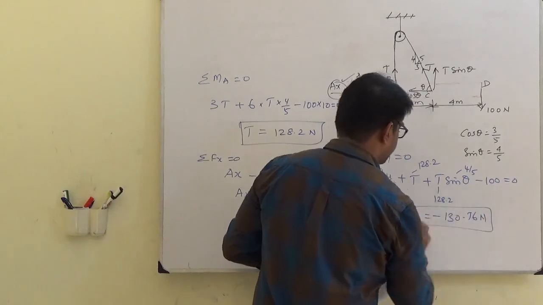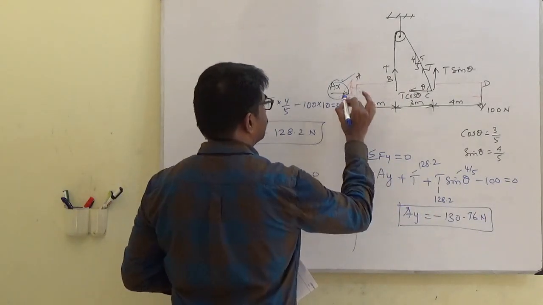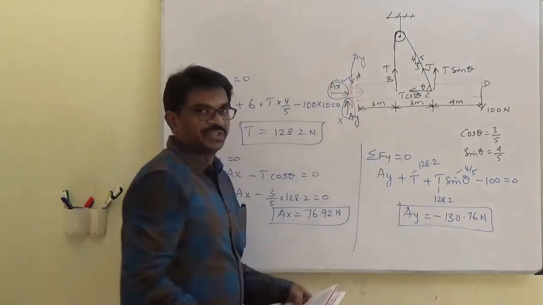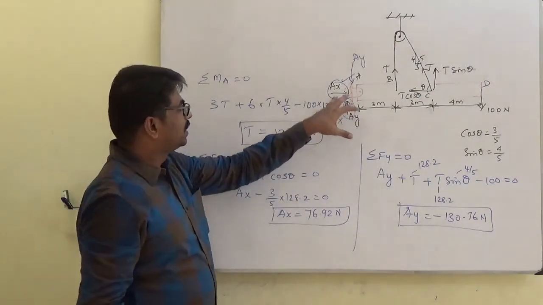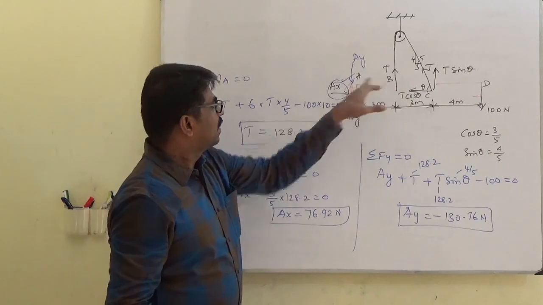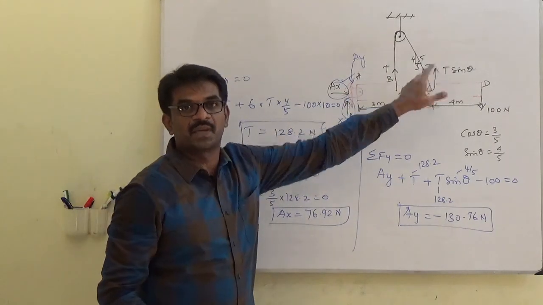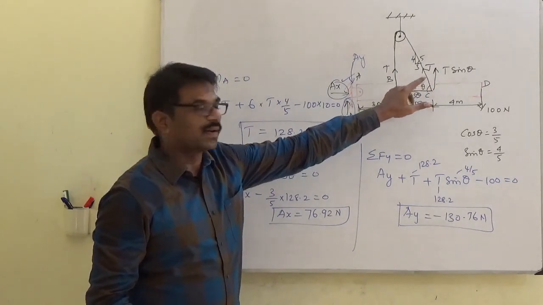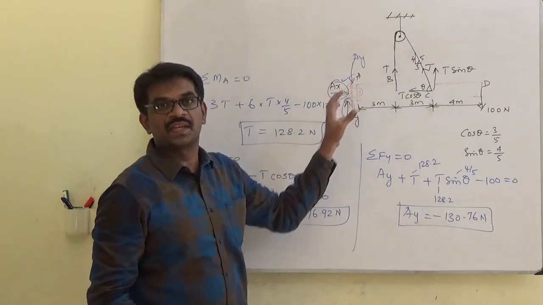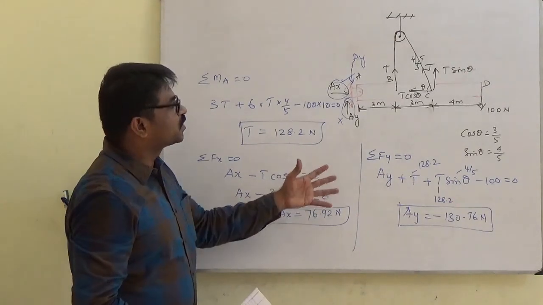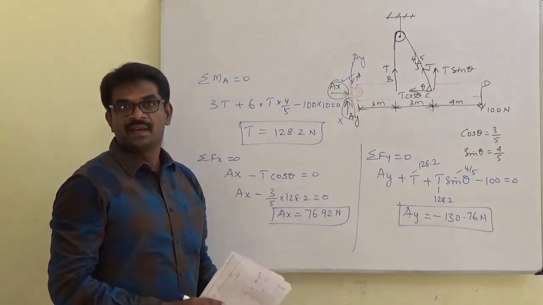That means this assumption is wrong. This is the original direction. So we have found two reactions here, Ax and Ay, and the other reaction, which is acting because of this string, is T. So three unknowns can be found out. In this problem we found those three unknowns.